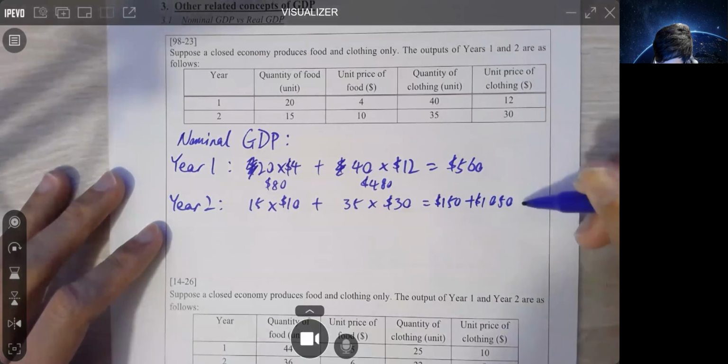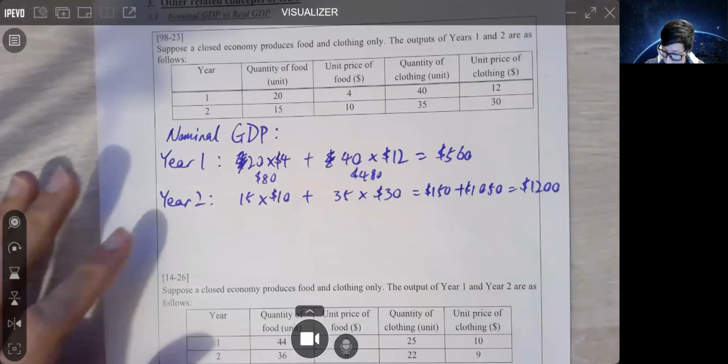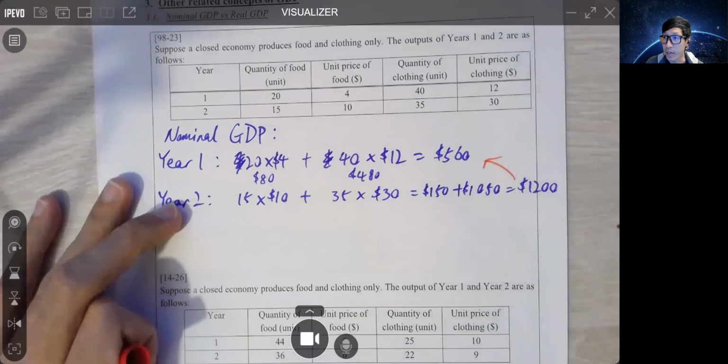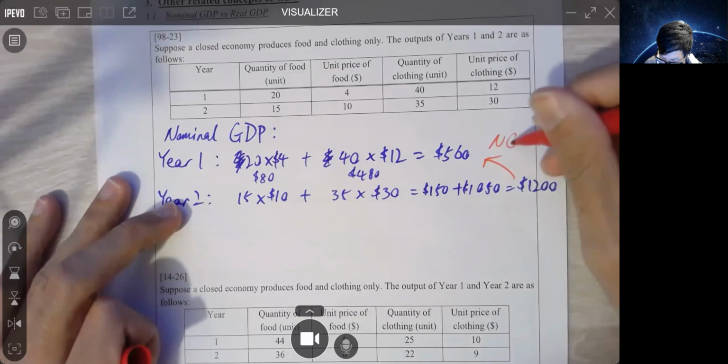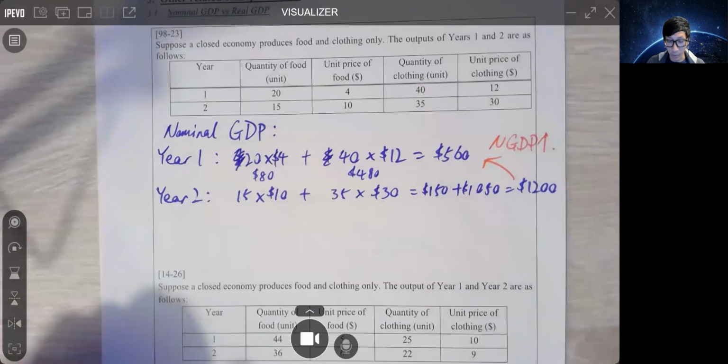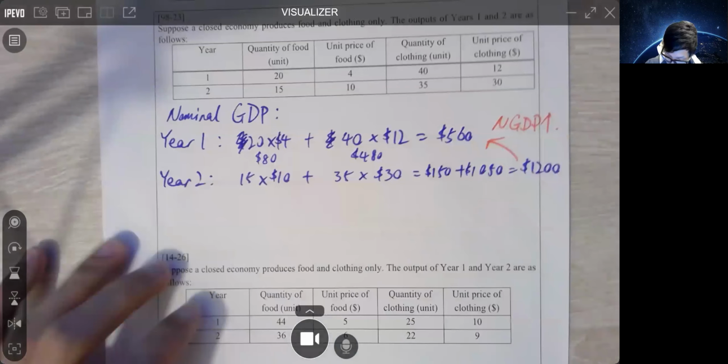Wow, that's a whole lot. 1200. Okay, so you see, when we compare the nominal GDP, it has increased quite a lot, right?